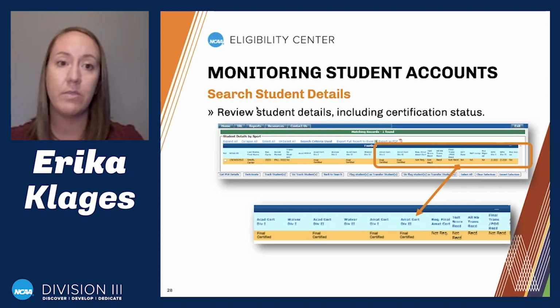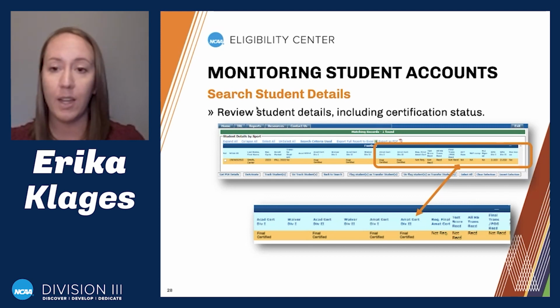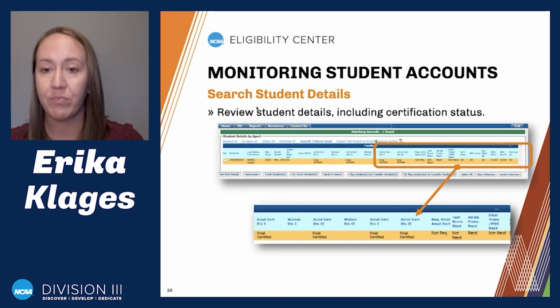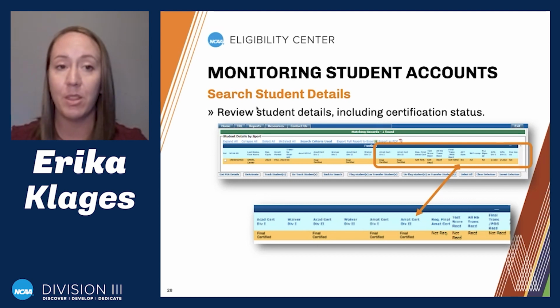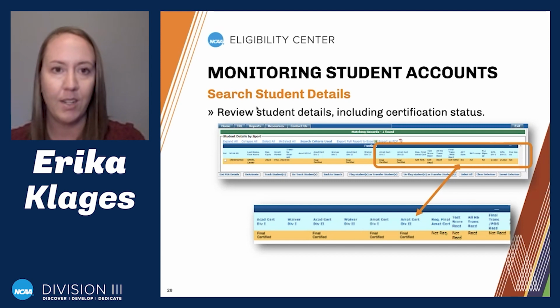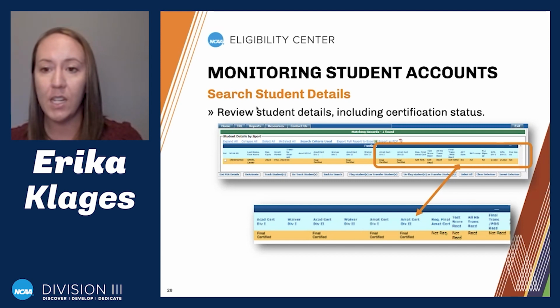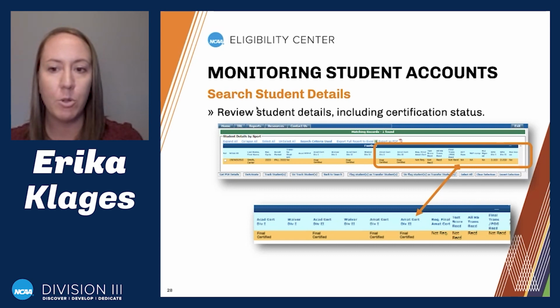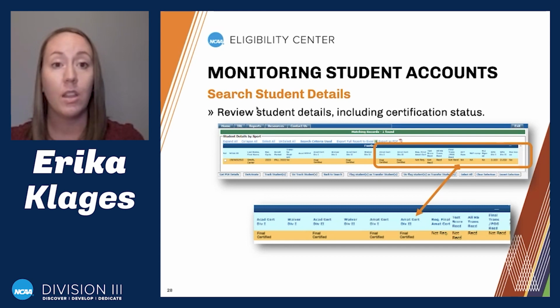You are going to see Division I and Division II, and I'll be honest, this view that you're seeing right here does not have Division III in it yet, but that is only because we haven't released the view for Division III amateurism yet. But what we're going to see, you've got Amateurism Certification Division I, Amateurism Certification Division II. There is going to be one that says Amateurism Certification Division III right next to both of those.